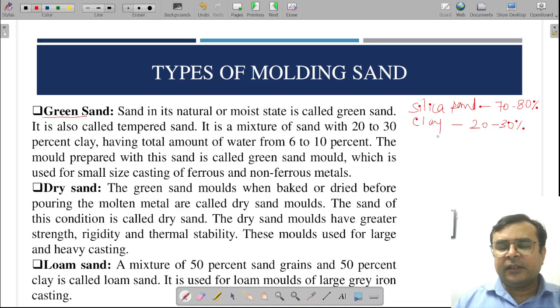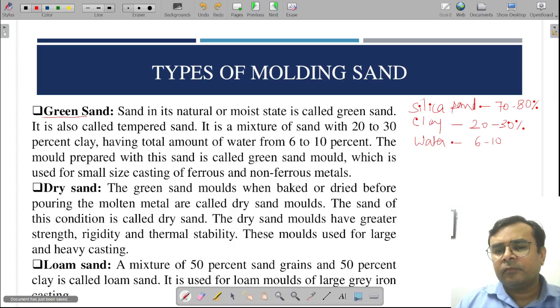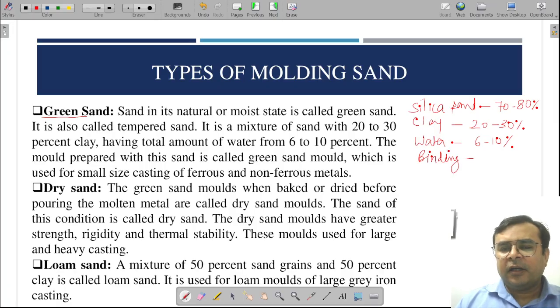Similarly, we add some amount of water, around 6 to 8% or 6 to 10% water. And along with this, some binding agent may also be used, around 4 to 5% of the total molding sand.